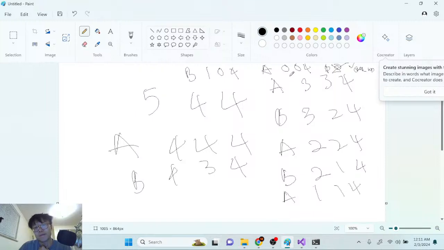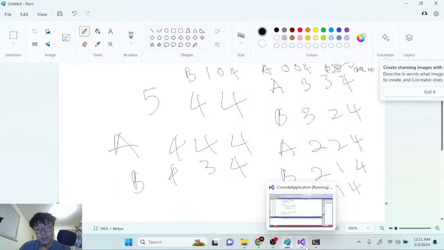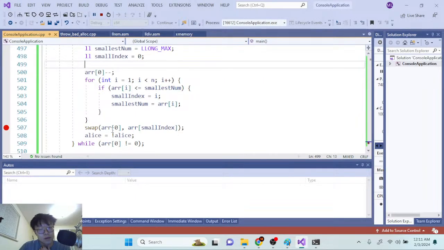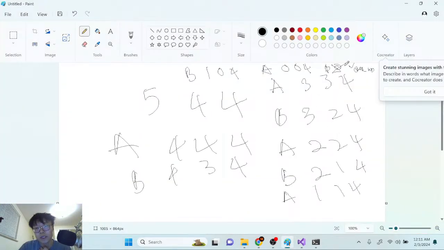And then we set Alice is not equal to Alice, so let's look at the thing here. Minus 1, yeah. You find the smallest, swap it. So we should hit Bob's turn. He hits a 0, so Alice should win.